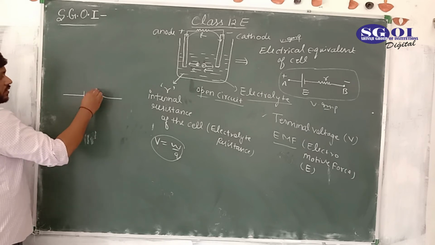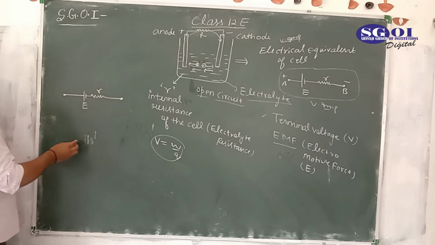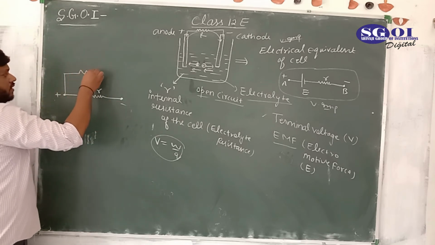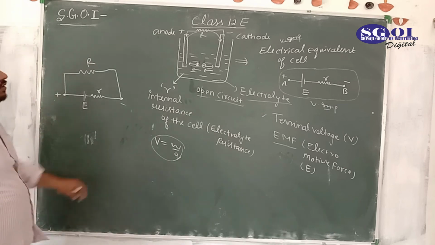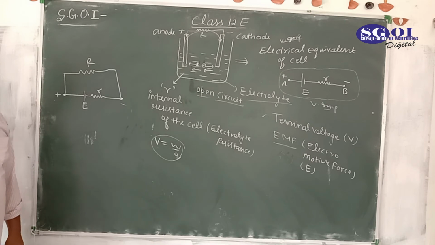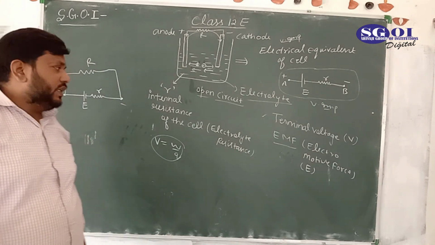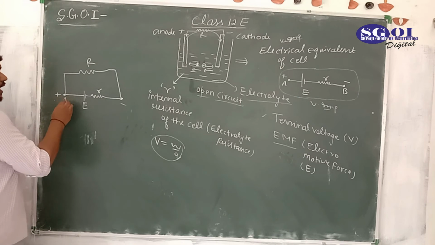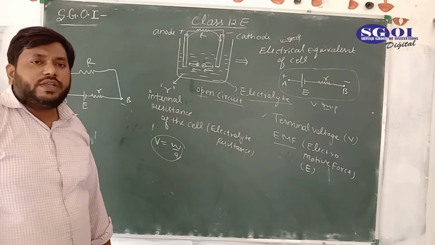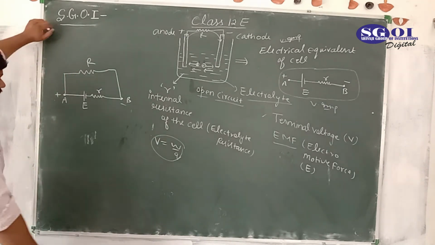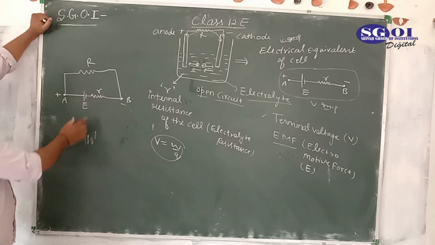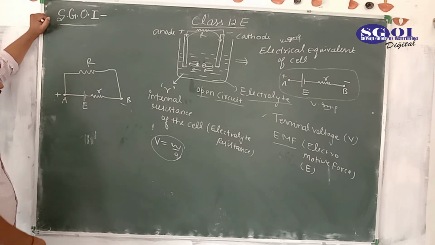This is E, this is r, and we have connected an external resistance, capital R. Now, suppose we want to find the terminal voltage, the potential difference between A and B. So what do we have to do? Let's see. Is the terminal voltage equal to the EMF in that case?